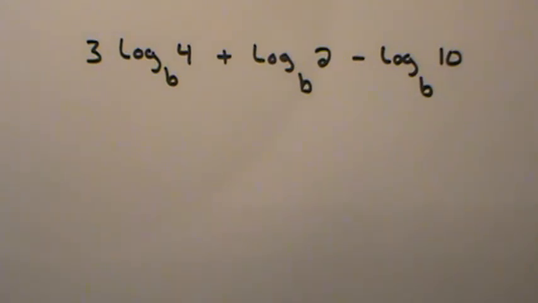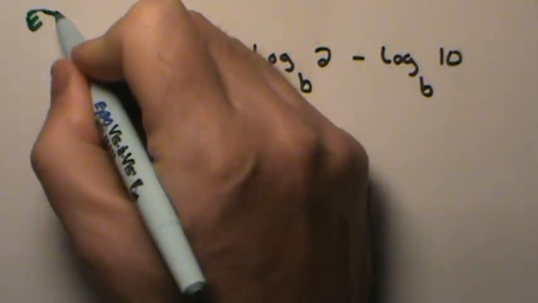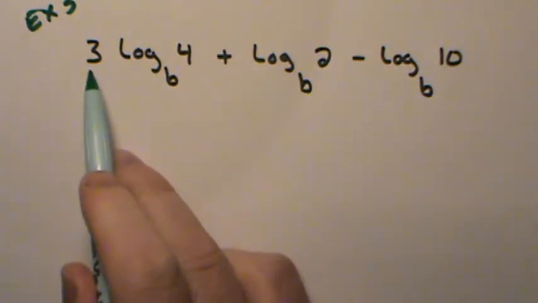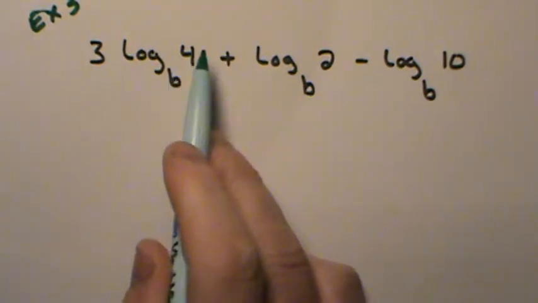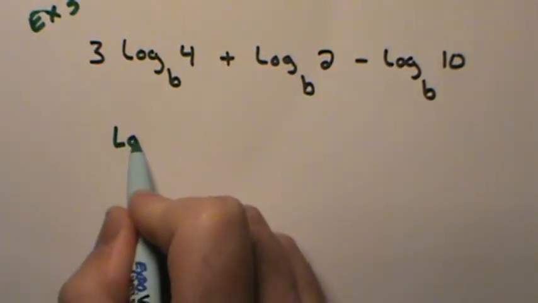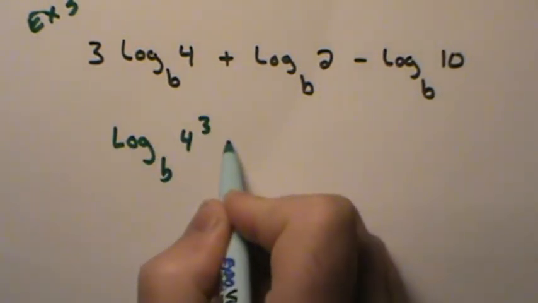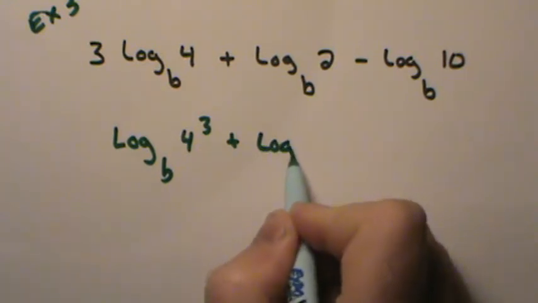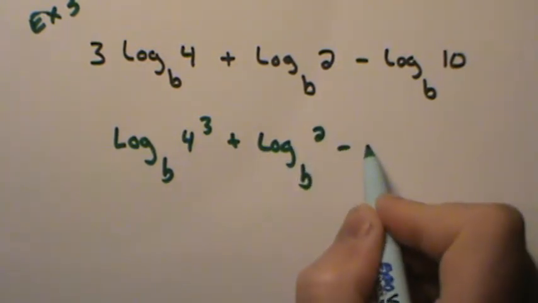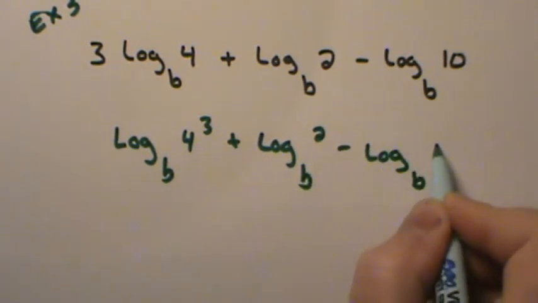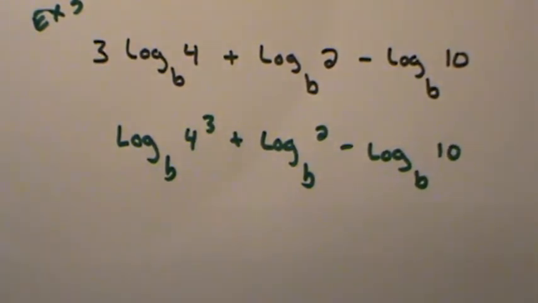So, this is example 3. I would start with this scalar and say, oh, well, this would be 4 to the third power. So I've got log base b of 4 to the third plus log base b of 2 minus log base b of 10. Now 4 to the third: 4 times 4 is 16, and 16 times 4 is 64.